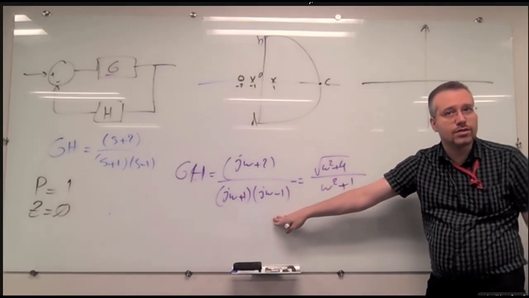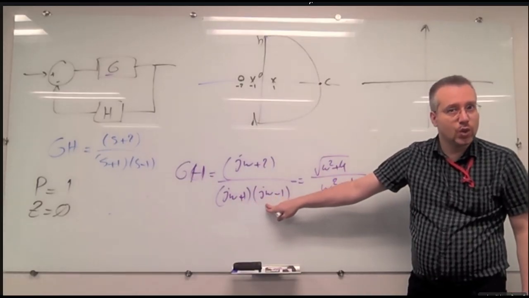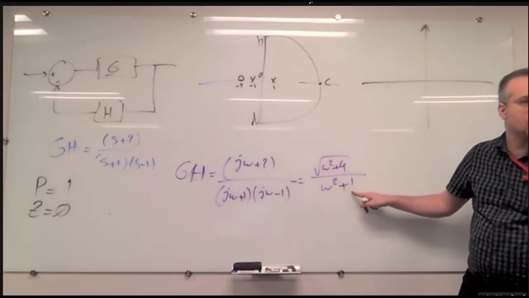Is that clear? These two amplitudes are the same. It's a square root, so we can get rid of the square root. It's going to be omega squared plus 1.